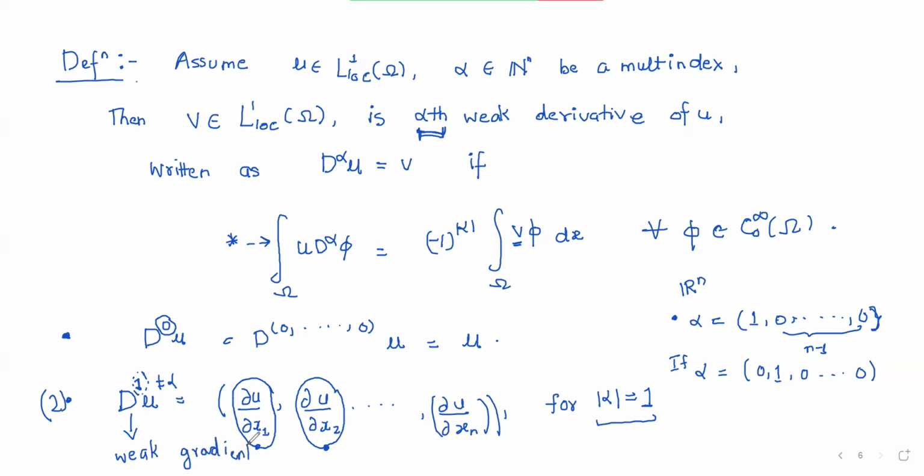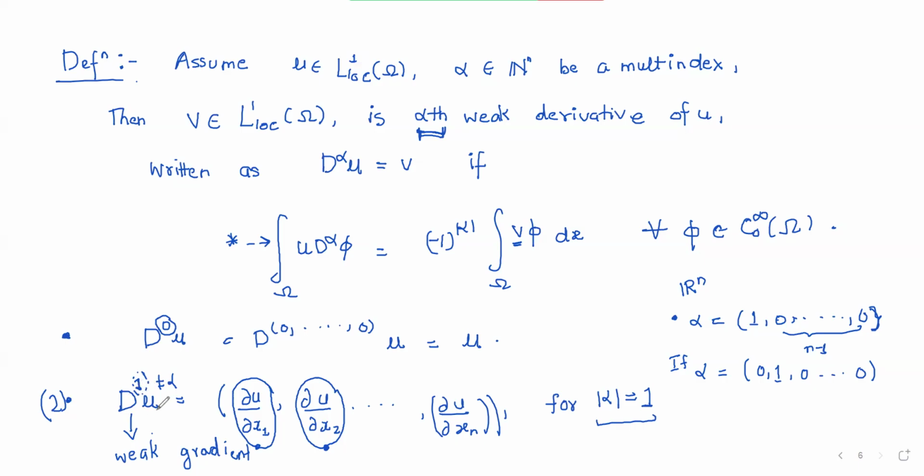So you see that the weak derivative is just a function. But when I am using the weak gradient notion, it is a vector. And more specifically, it is just a first order partial derivative, nothing more. So don't confuse that I am using D1 as a multi-index. It is not a multi-index.